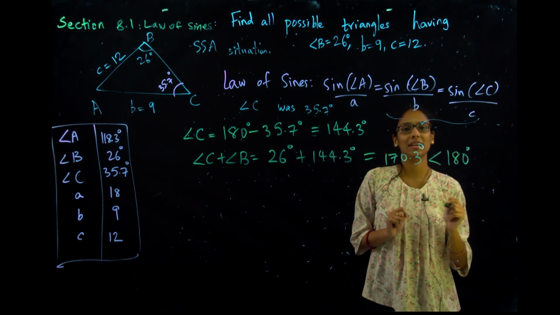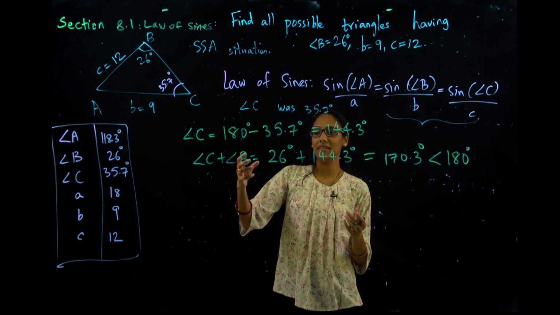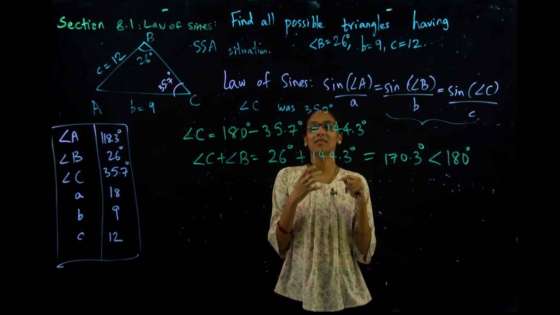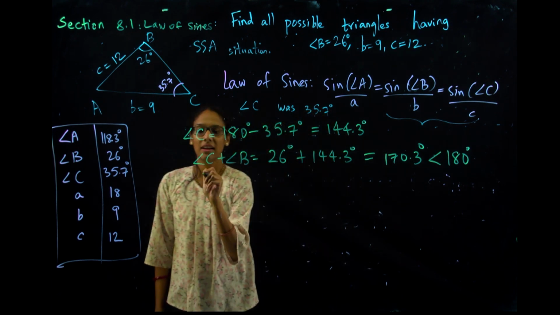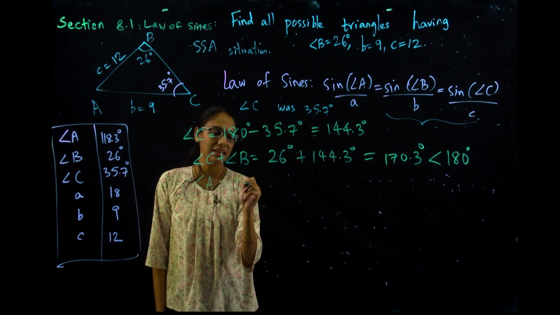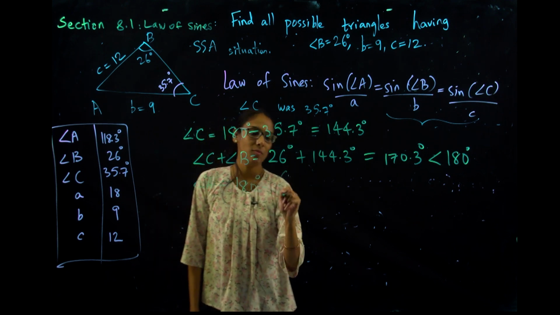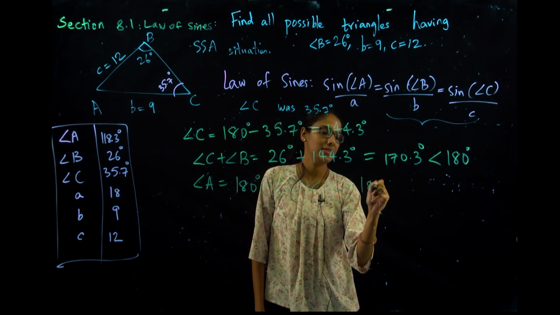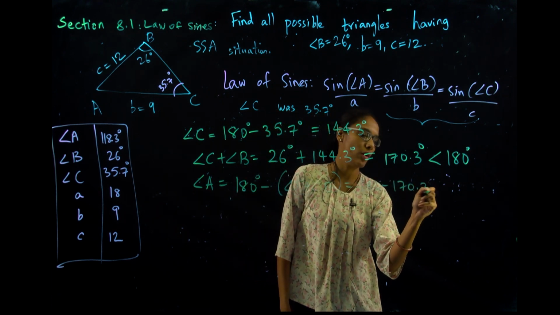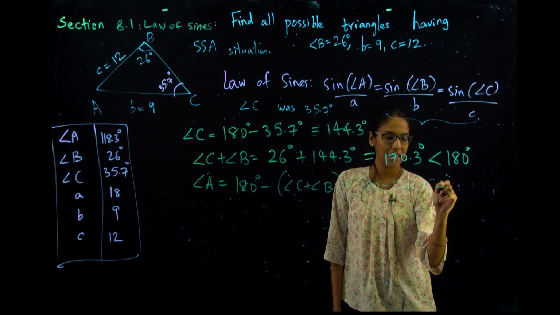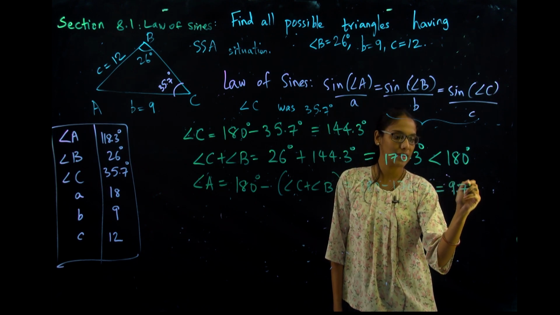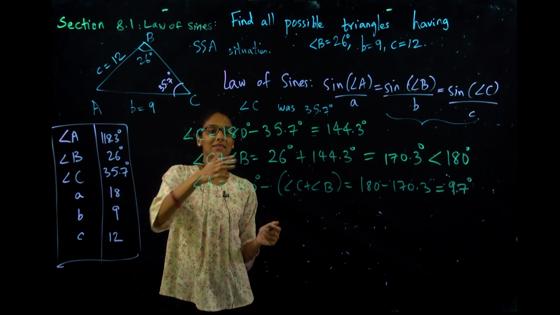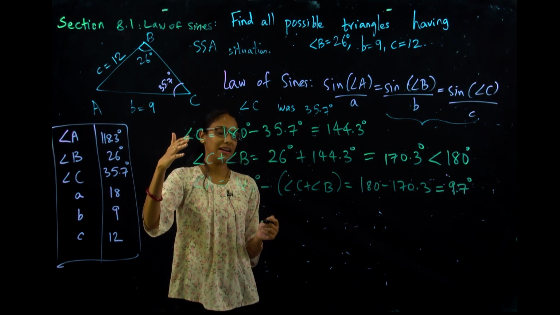If it's less than 180, you can have another angle A to add to this so that the total becomes 180, and so a triangle is possible. And that angle A is going to be 180 minus angle C plus angle B. So that's 180 minus 170.3, and this ends up being 9.7 degrees. So we have a new triangle having these measurements for angle A, angle B, and angle C.